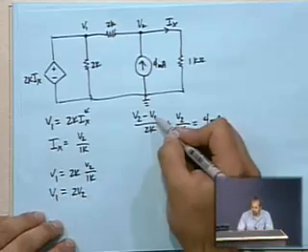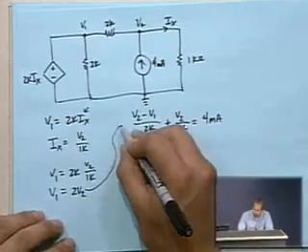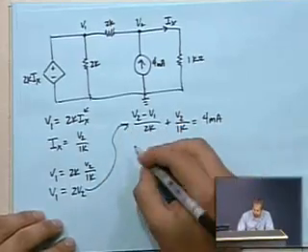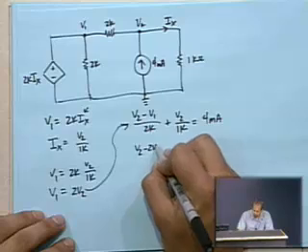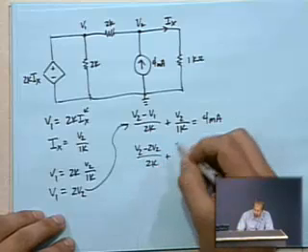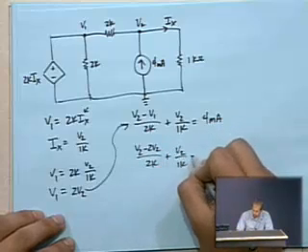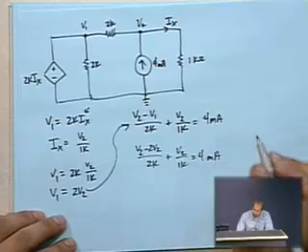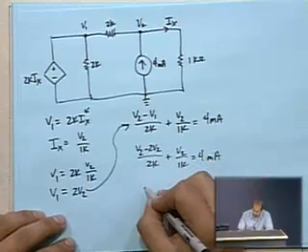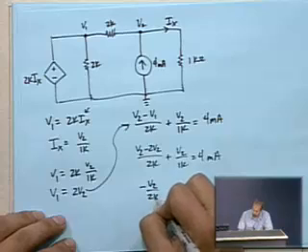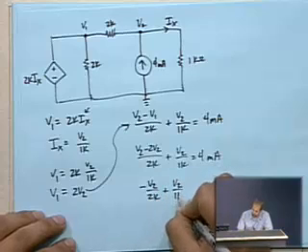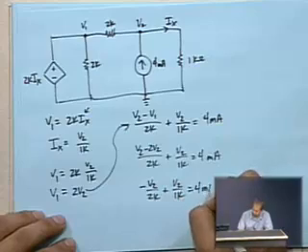So we can go back up into the KCL equation and plug that in. We've got V2 minus 2V2 over 2K plus V2 over 1K equals 4 milliamps. That's negative V2 over 2K plus V2 over 1K equals 4 milliamps.